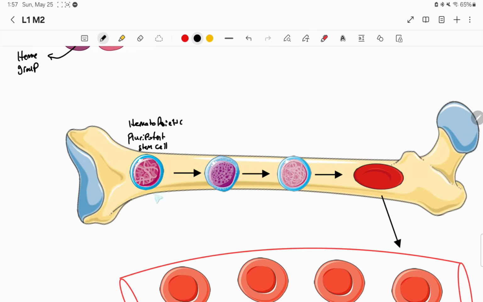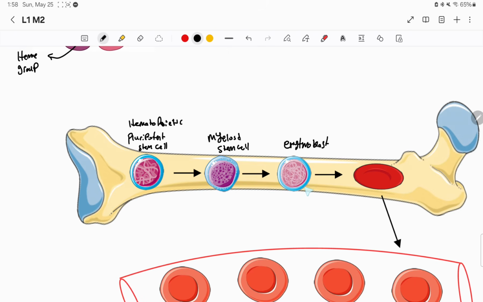But essentially, this guy can become a myeloid stem cell. Okay? This myeloid stem cell can then become something called an erythroblast. Now, notice what's happening here, okay? At this stage, we have a nucleus, and we have a nucleus here.